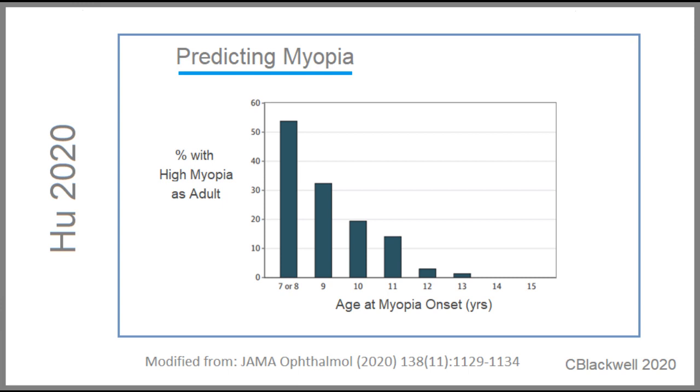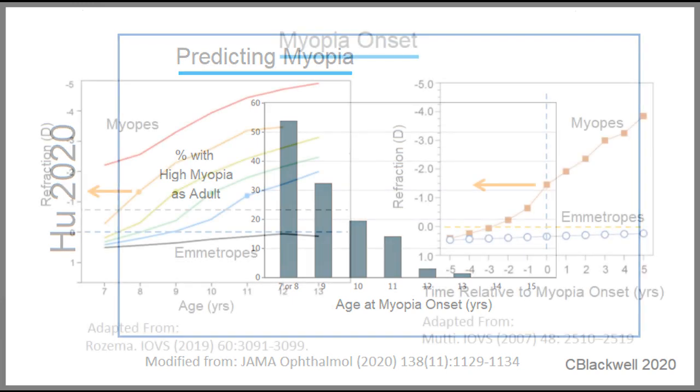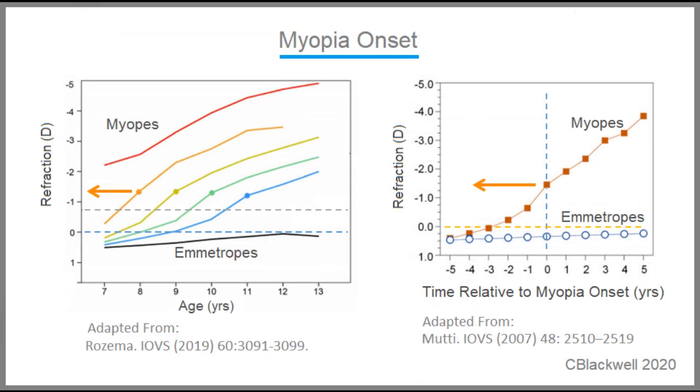So age of onset of myopia will be an important, perhaps key, deciding factor that we will talk about in the treatment video. It is noteworthy that the divergence from emmetropia toward myopia actually begins several years before passing the myopia threshold. This is covered in detail in video 4 on myopia divergence.